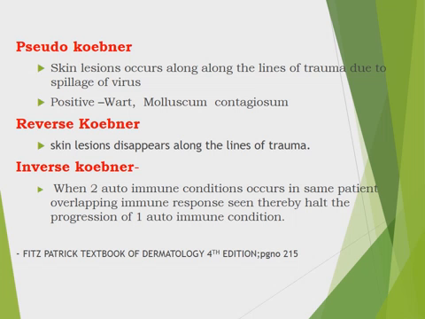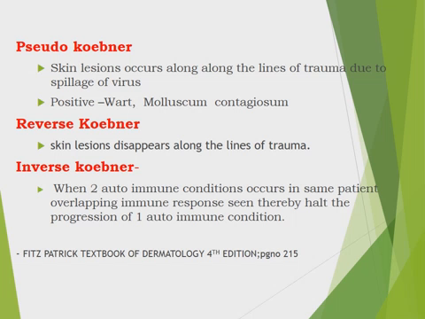Then what is reverse Koebner? If skin lesions disappear along the lines of trauma, it is called reverse Koebner. Then what is inverse Koebner? Inverse Koebner is otherwise called Renbach phenomenon. If you read Koebner in a reverse way, it comes as Renbach phenomenon. When two autoimmune conditions occur together in the same patient, one autoimmune condition will halt the progression of the other because of overlapping immunity.